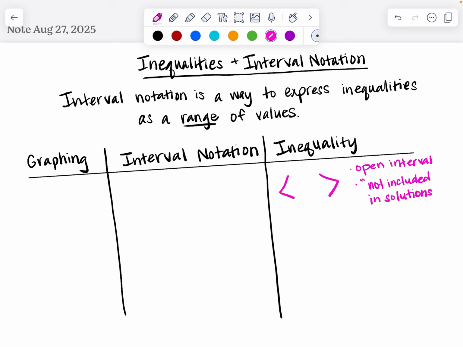When we see greater than or less than, you're going to use parentheses in interval notation. And when you're graphing, you'll use an open circle. This will all make sense as we go through the examples.